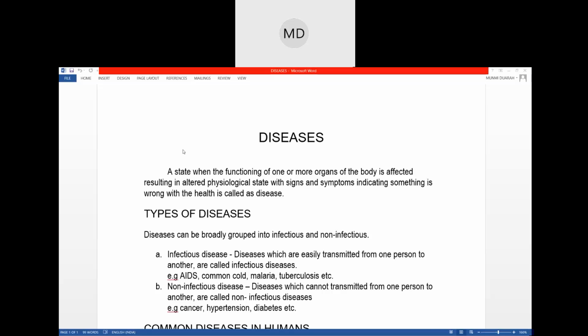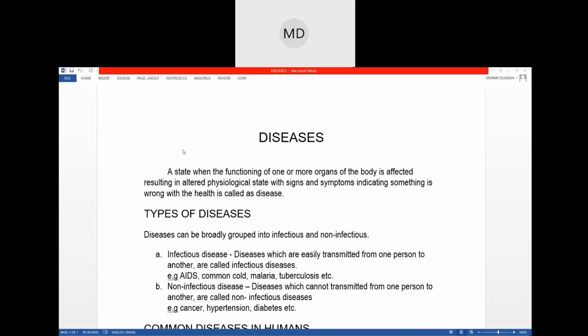But when it is asked what is a disease, or what is the definition of a disease, then you have to say that it is a state of the human body, not only of humans actually but of all organisms. But you can specify it as humans because we are mostly studying human beings here in zoology.